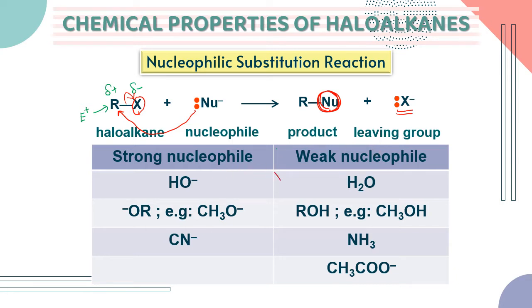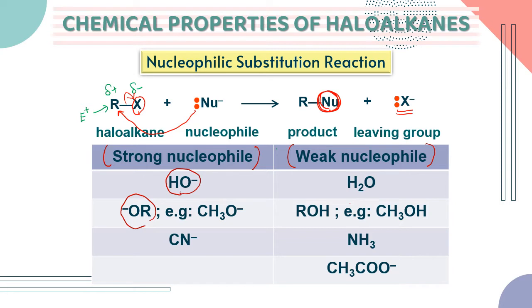Now, for the nucleophile, we have two types. The first one is a strong nucleophile, and the second one is a weak nucleophile. How do we identify a strong nucleophile from a weak nucleophile? It's easy. A strong nucleophile will come from anions.